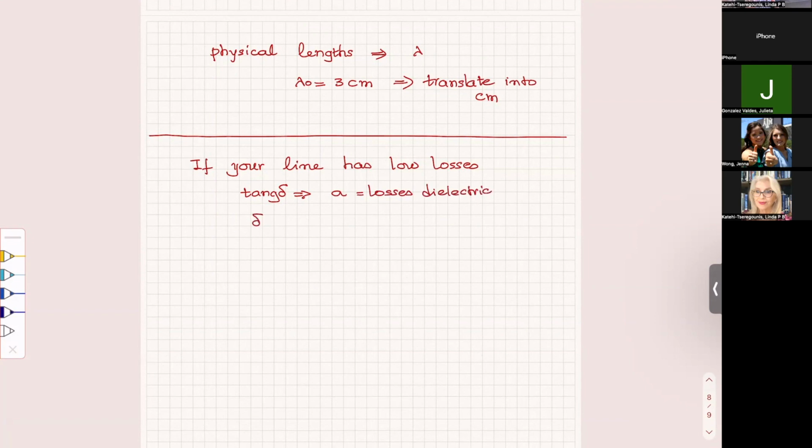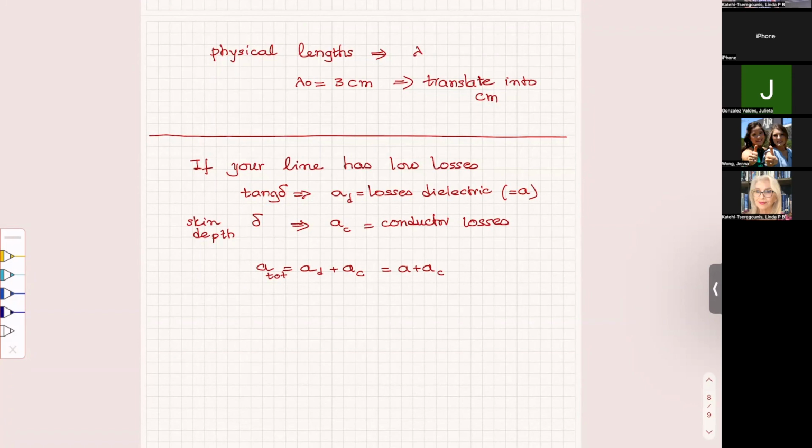And then from skin depth, you find also the losses due to conductor. And so the total loss is going to be A dielectric plus A conductor. I have called that in the notes A, so it's going to be A plus A sub C, the total.